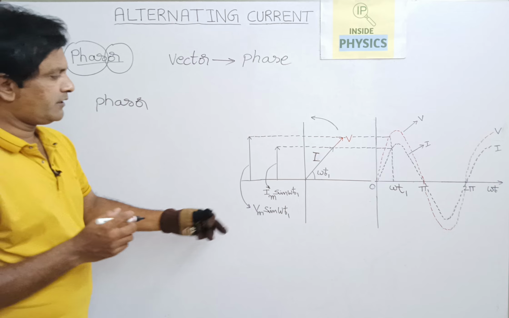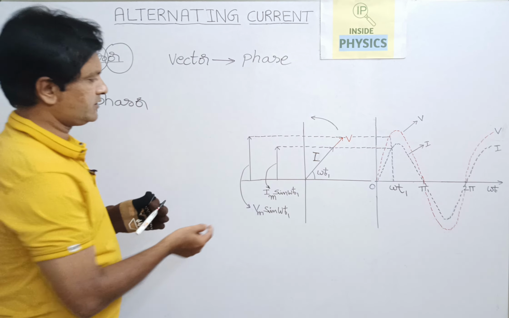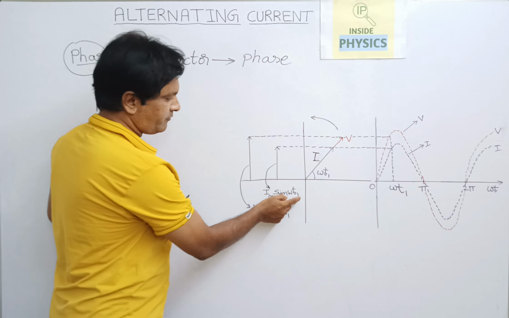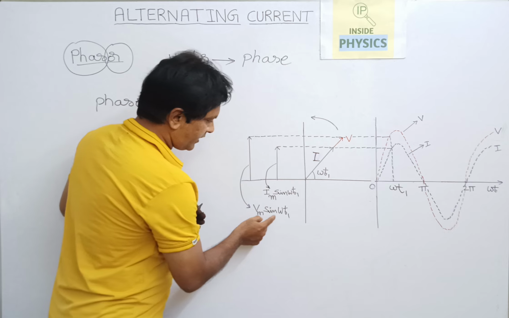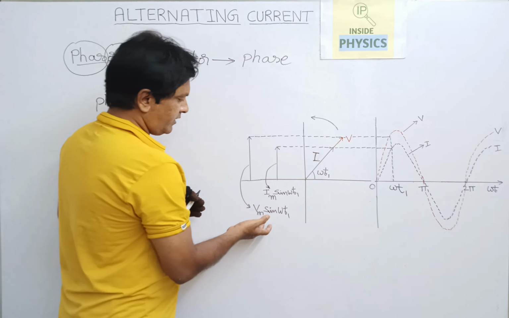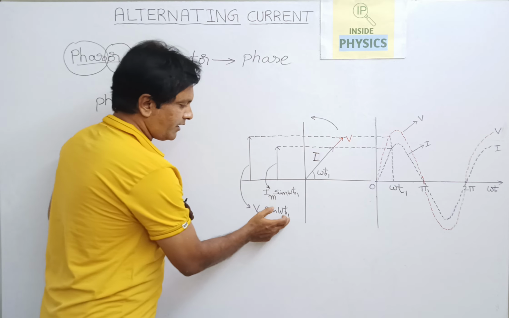See here, Im sin omega t1 is the current at time t1, where t1 is the instant of time, and Vm sin omega t1 is the voltage at time t1.